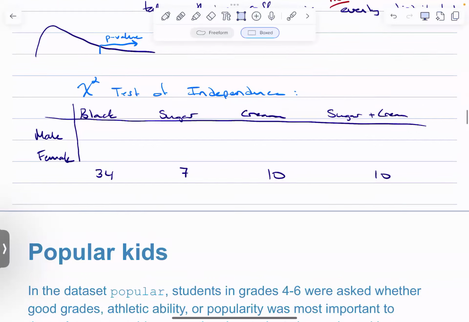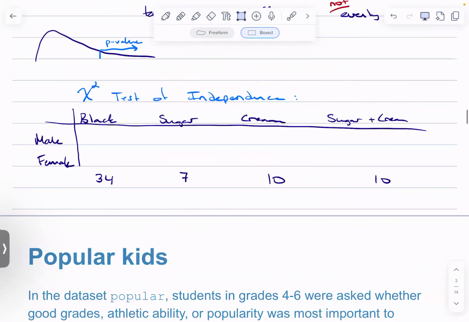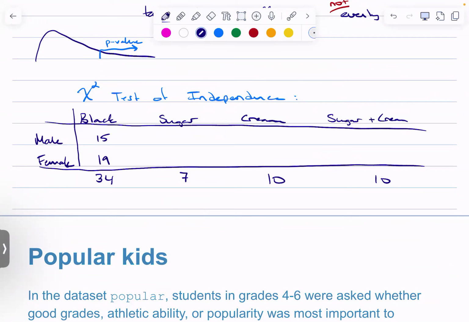We already picked some counts, 15 and 19. Could do the same for the sugar. Let's do 4 and 3, and then I'm lazy, we'll do 5 and 5 and 5 and 5. Something like that.